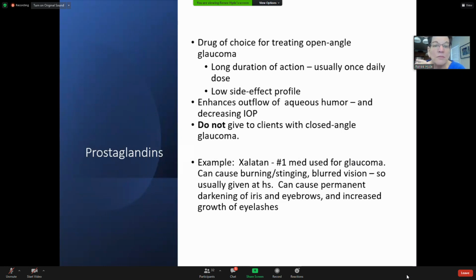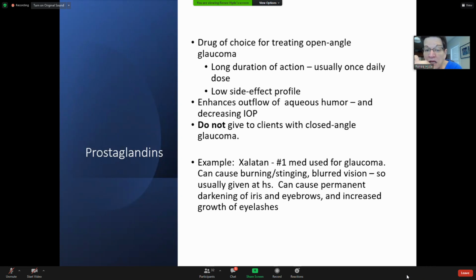Prostaglandins are probably the drug of choice for treating open-angle glaucoma. They have a very long duration of action, which means that you can give them once daily. They have a very low side effect profile. What they do is they enhance the outflow of aqueous humor and therefore decrease intraocular pressure.